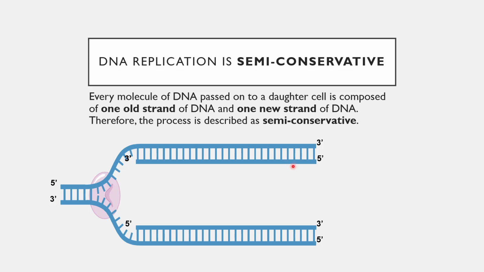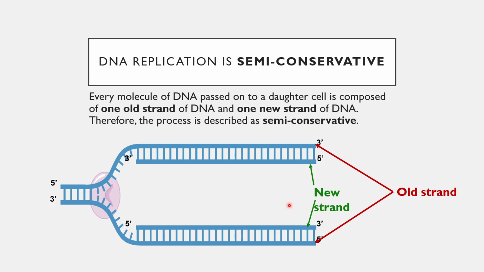As we saw, each of the new DNA molecules consists of one old strand that was used as a template paired with one new strand that was synthesized to match it. And so in that sense, the process is semi-conservative, and it somewhat conserves or preserves the old molecule of DNA in the new pieces that come out of that process.